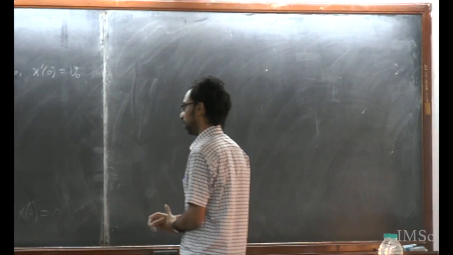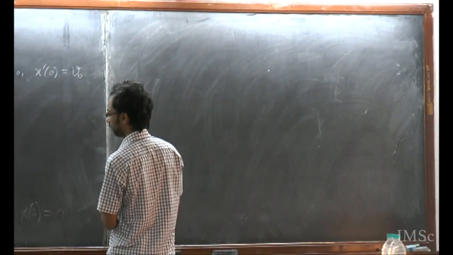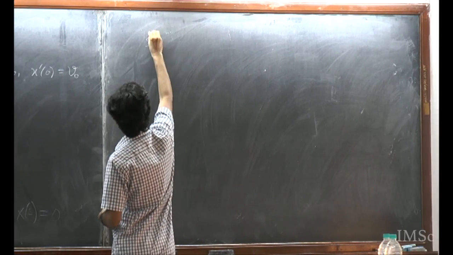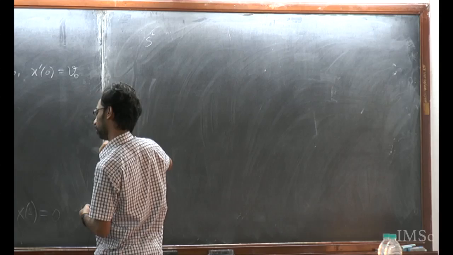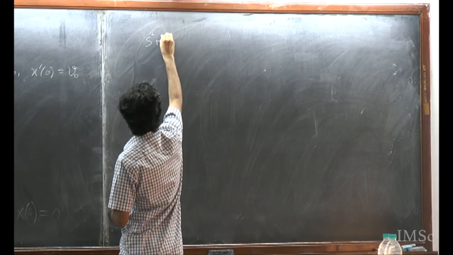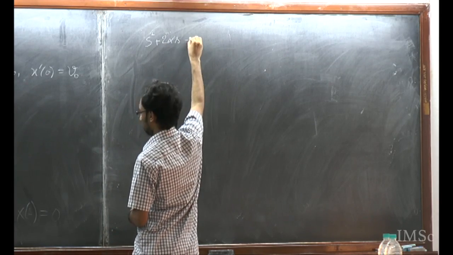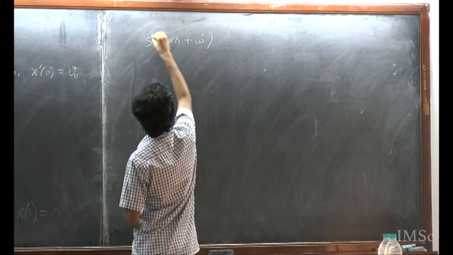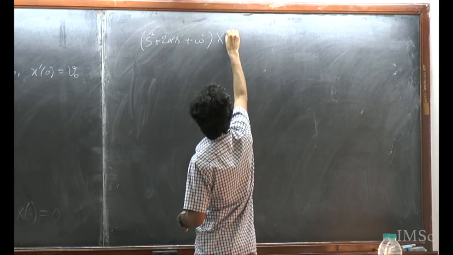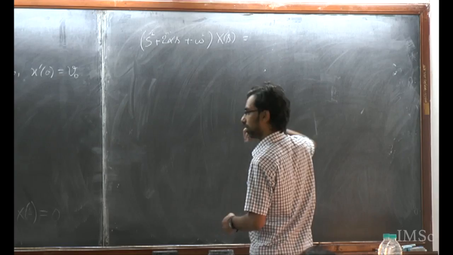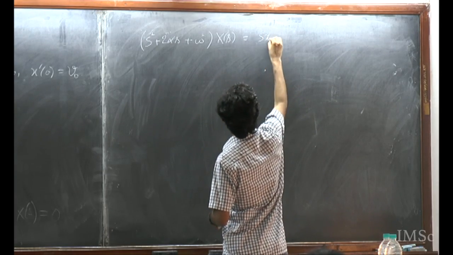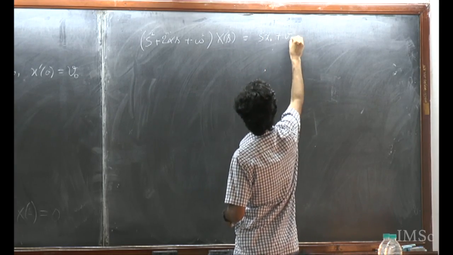Okay, so now let's try to solve for Xs. So you have s square plus 2 alpha s plus omega square, Xs equals s x naught plus v naught.